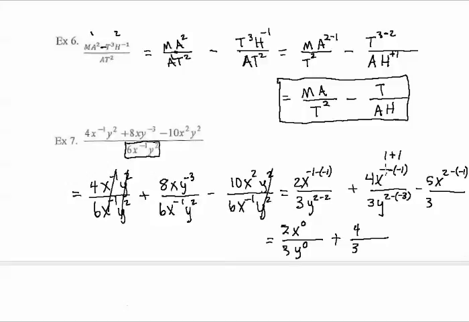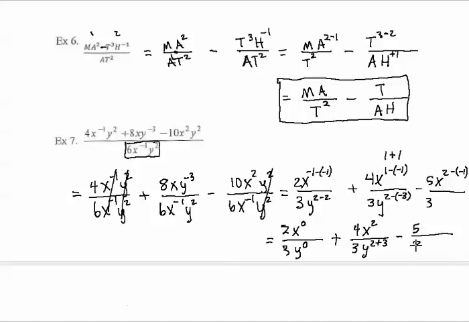So this becomes an x squared. For the y, we have 2, and minus a negative would be 2 plus 3. Minus minus is plus. So in the end, this is going to end up being a y to the 5th power.